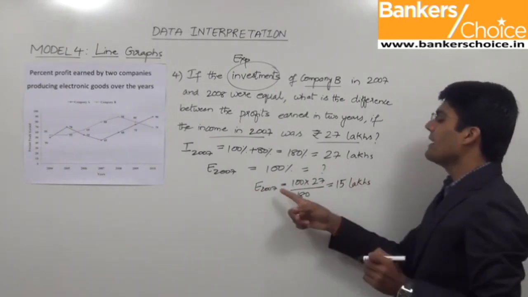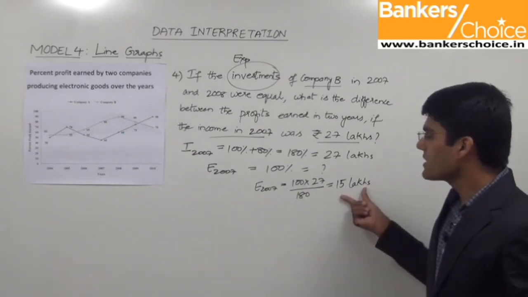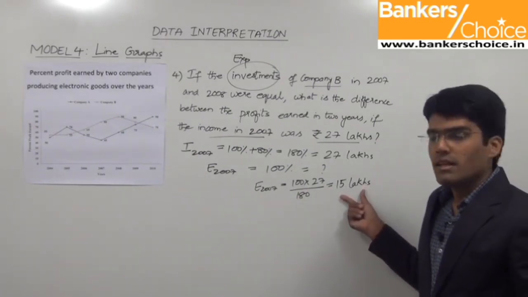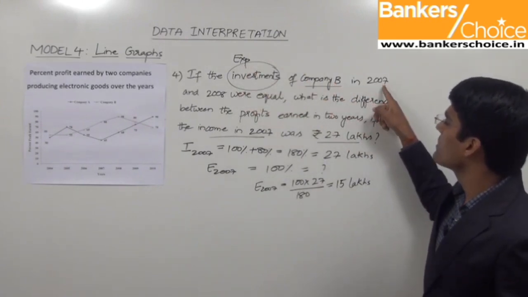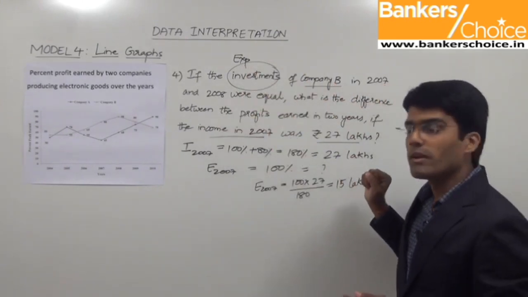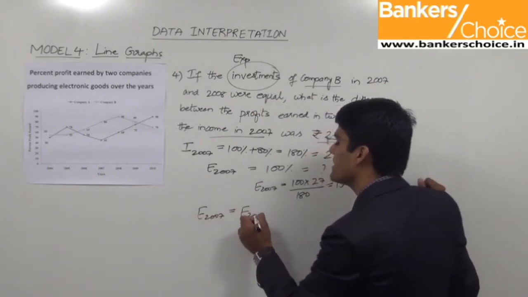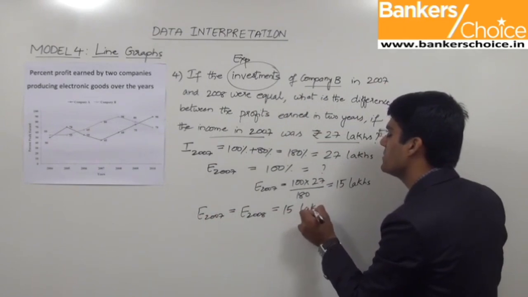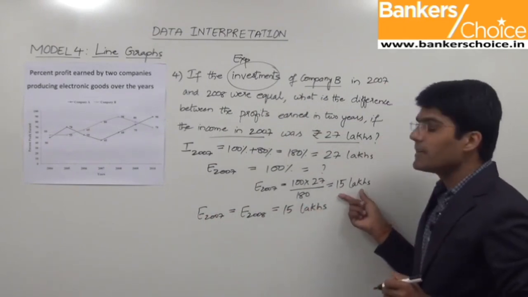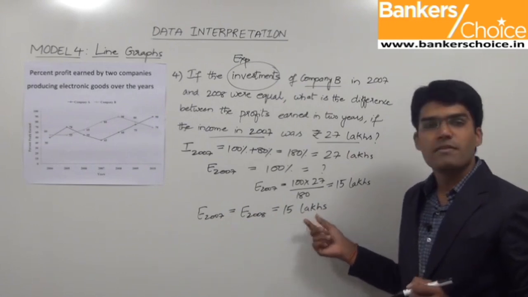That means the expenditure in 2007 was 15 lakhs. Now also from the question we know that expenditure of company B in 2007 and 2008 were equal. That means expenditure in 2008 should also be 15 lakhs. So now we know that the expenditure for each of the years is 15 lakhs.